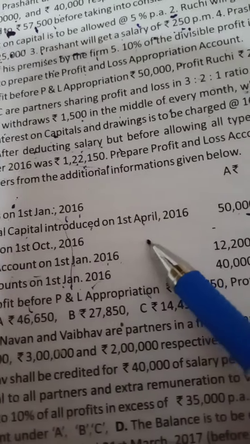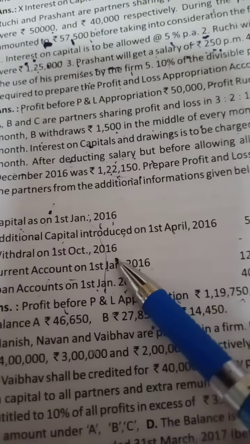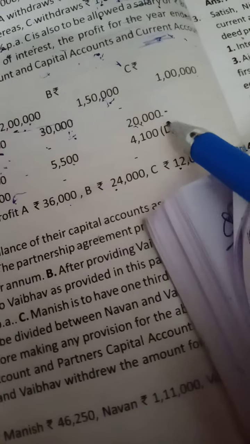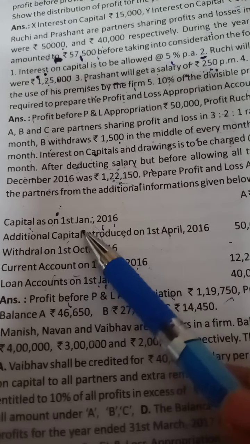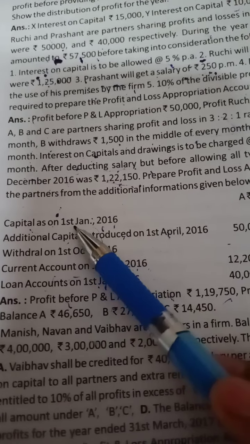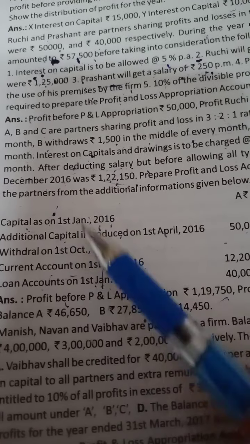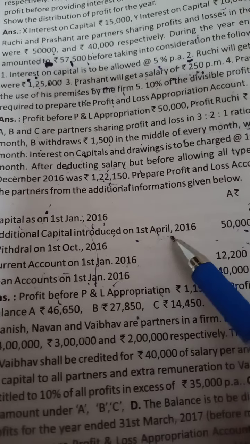Additional capital was also introduced on 1st April by A and B, and C withdrew on 1st October. Our financial year started from 1st January and ends on 31st December, a total of 12 months.